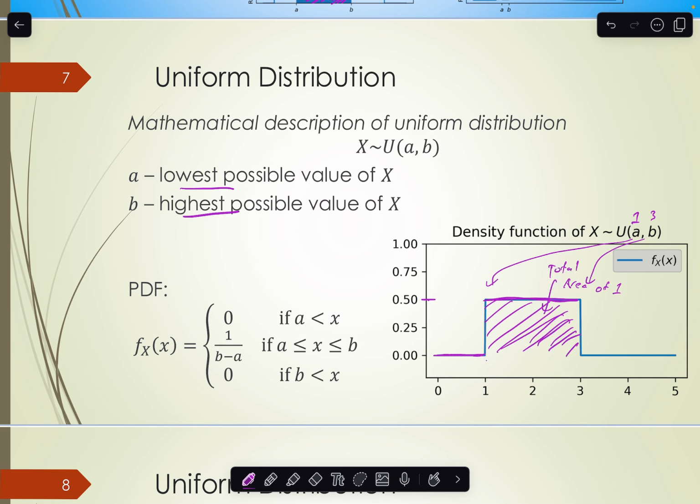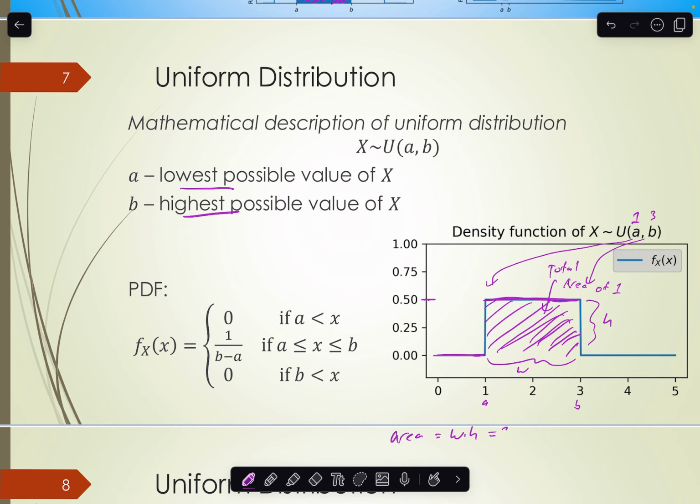The area of a rectangle is base times height. The base, the difference between b and a, let's call this the width, W. So width times height gives the area.